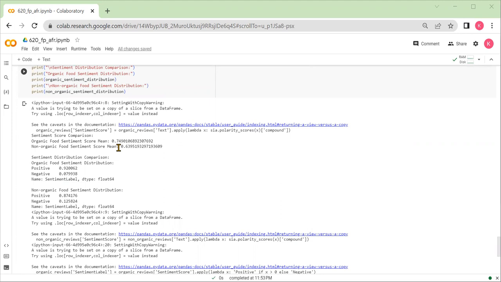Furthermore, we examined the sentiment distribution for each subset. And we can see that for organic food reviews, a significant majority of sentiments were positive. On the other hand, the non-organic food reviews had a slightly lower percentage of positive sentiments, making up around 87% of the sentiment distribution.